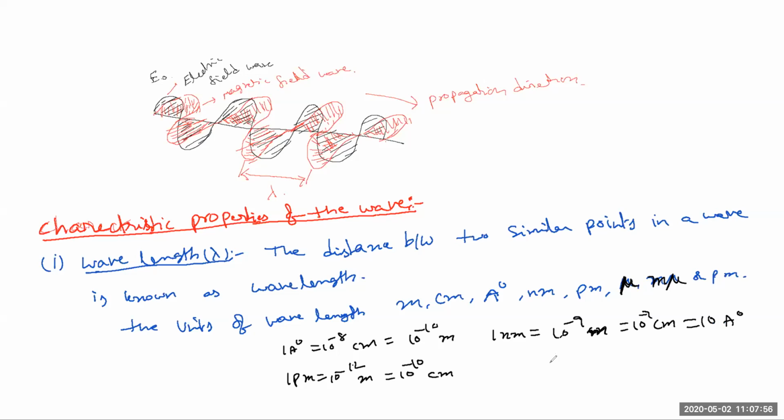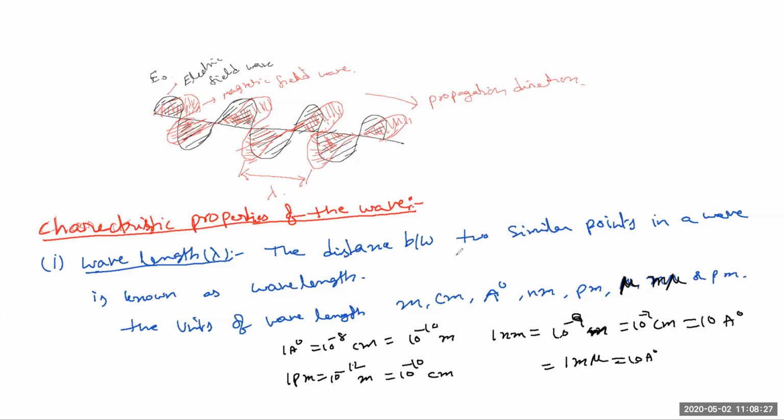So that is equal to 10⁻⁹ meter, which means 1 millimicron, or that is also equal to 10 angstroms.